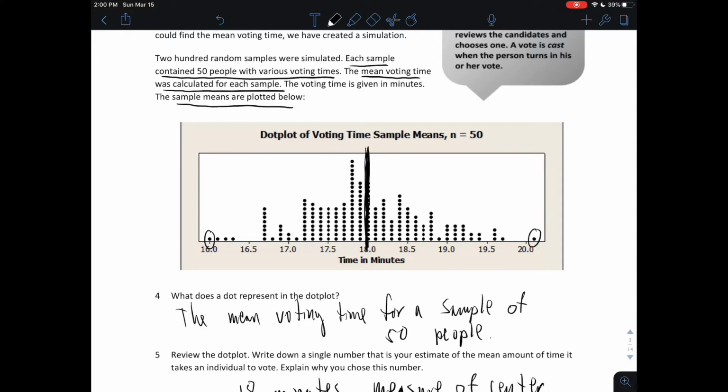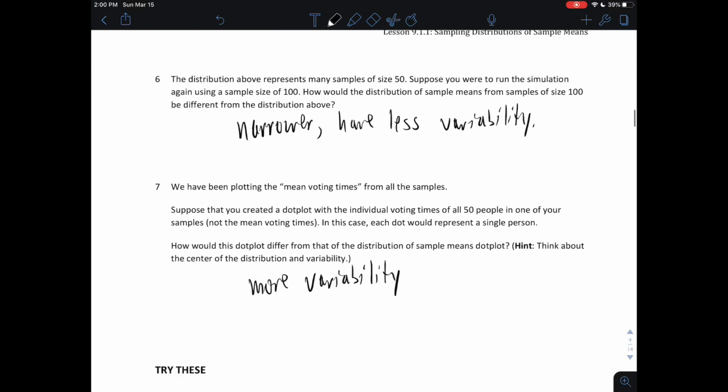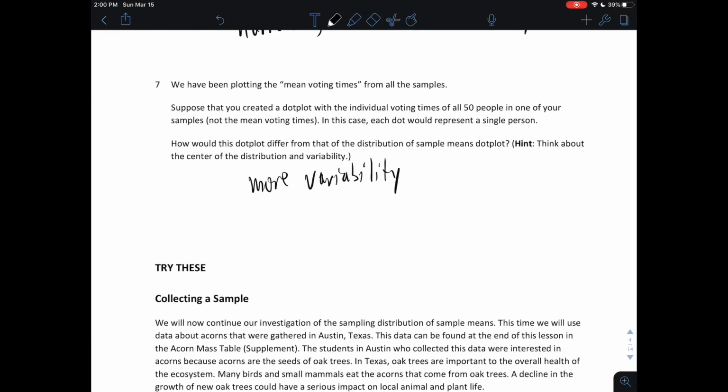We also have a dot right above 20, on the far right. That represents a center of another sample of size 50. But a lot of the data is still gathered around this estimate that we had in the middle of 18 minutes. So many of them would still have a center that is close to 18 minutes. So there's more variability, so possibly a wider distribution.